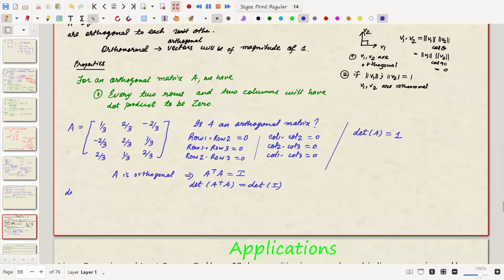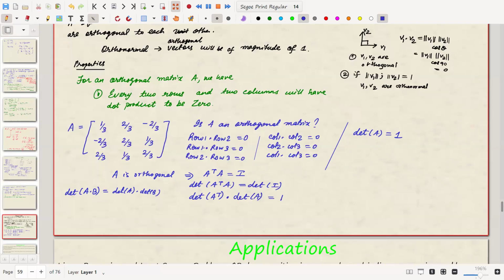Now you must be knowing a property that the determinant of a product of two matrices is the product of the respective determinants. Determinant of AB is equal to determinant of A times determinant of B. So through this, it is equal to determinant of A transpose times determinant of A. And what is the determinant of the identity matrix? 1.